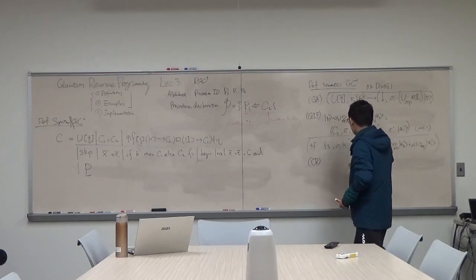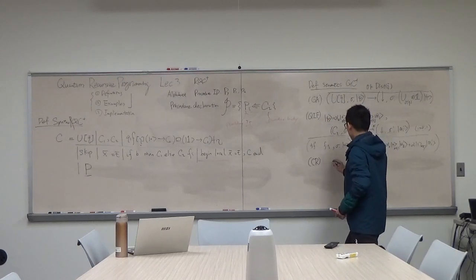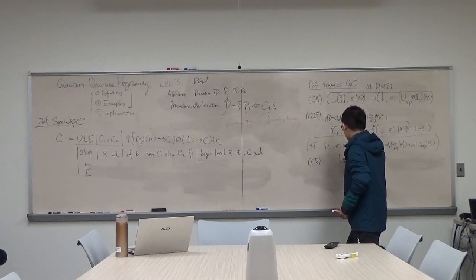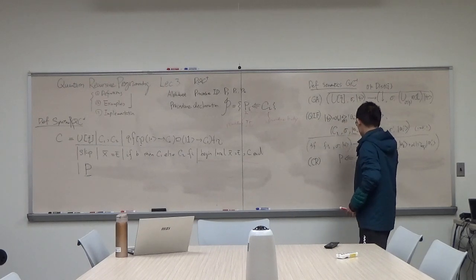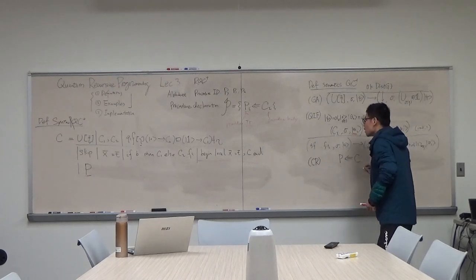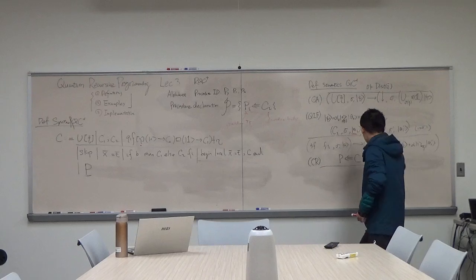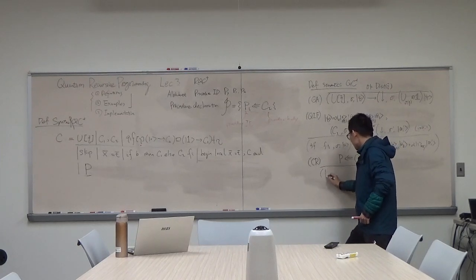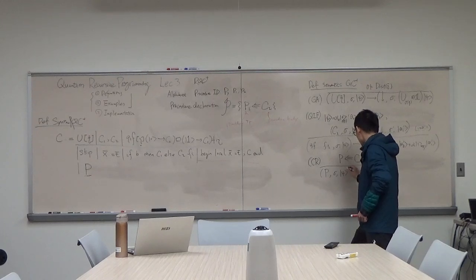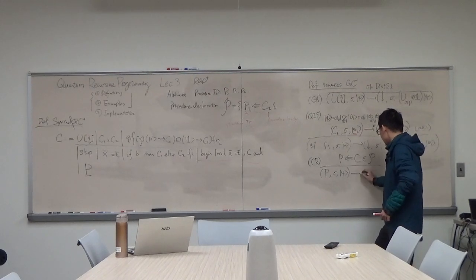The copy rule says, okay, if you have P defined to be some C in the procedure declaration, then the call P reduces to its body: you just copy the procedure body.